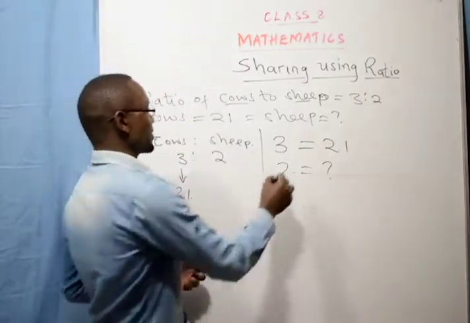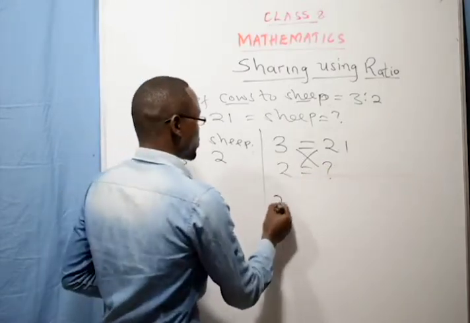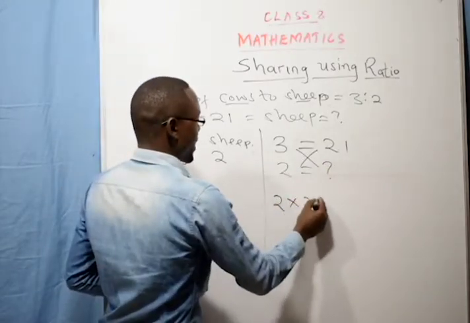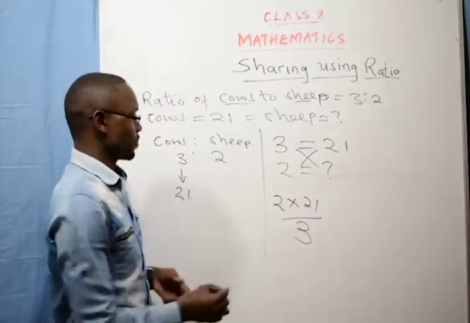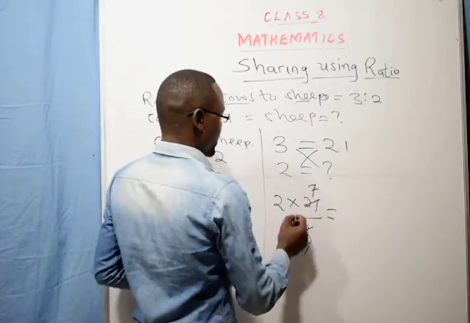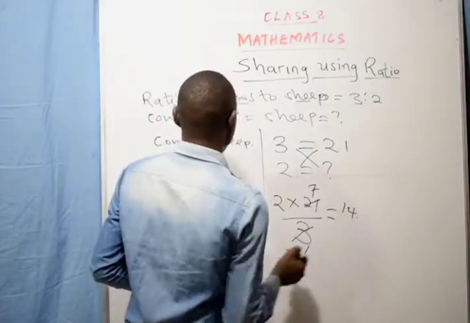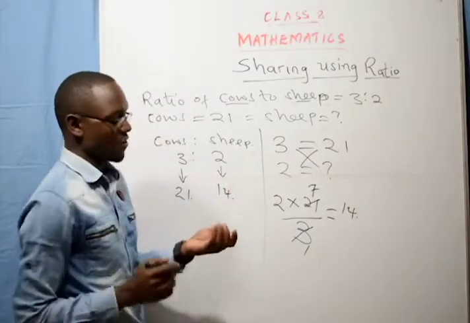Then we cross multiply. So we have 2 times 21 divided by 3 to get the number of sheep. 3 into 21 is 7, 7 times 2 is 14. So there are 14 sheep. That is one way of working it out.